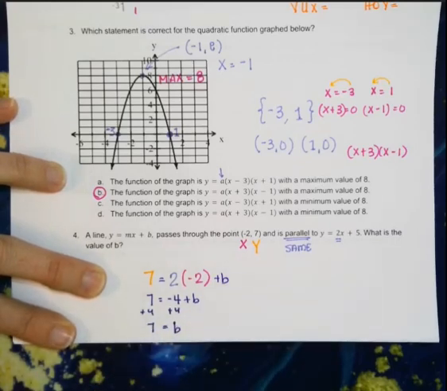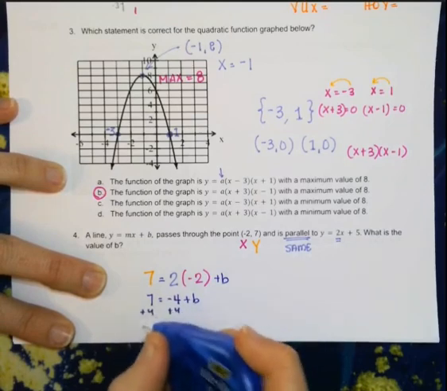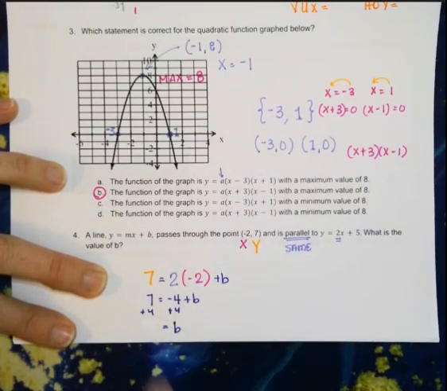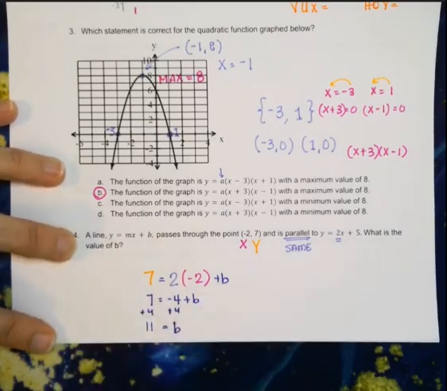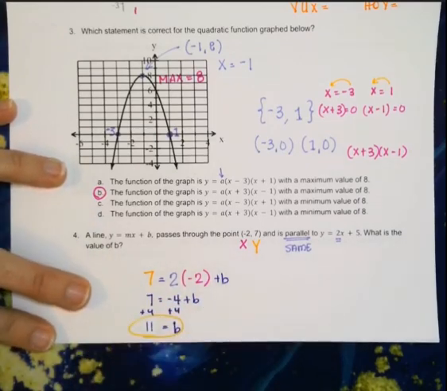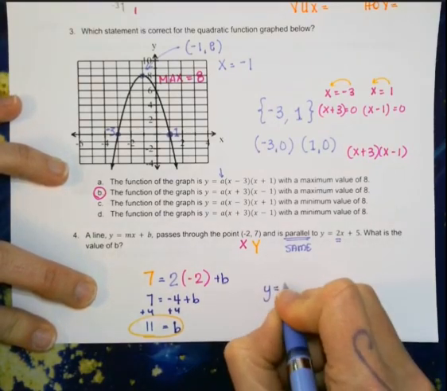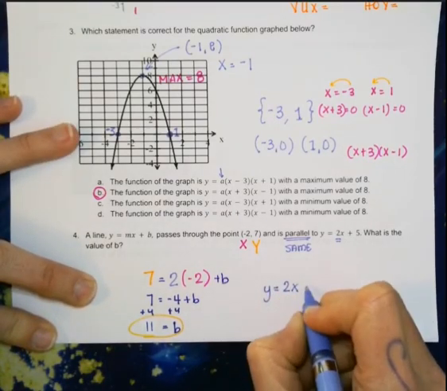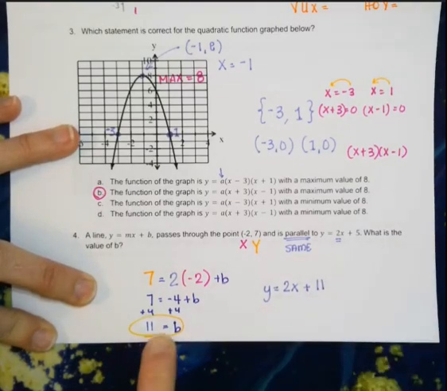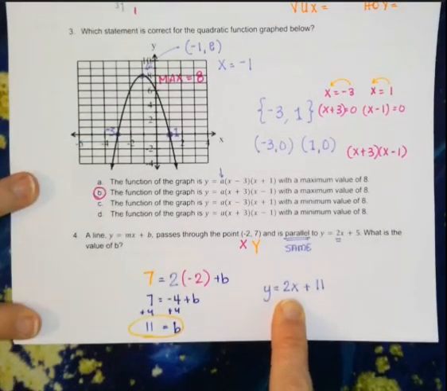Disregard my 7. Having a struggling brain day today, guys. Sorry. B equals 11. So the answer to this question would be b equals 11. If they asked you to write the equation, just to finish out our thought, it's y equals same slope, x plus 11. So that would be the equation, and the answer to the question is B.